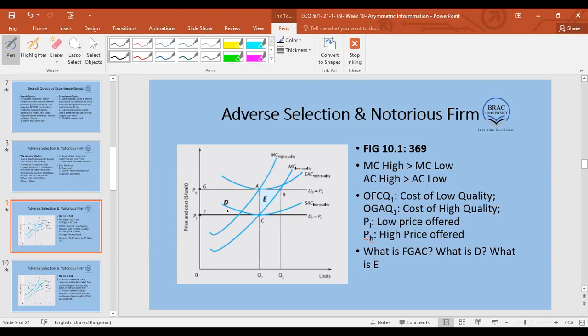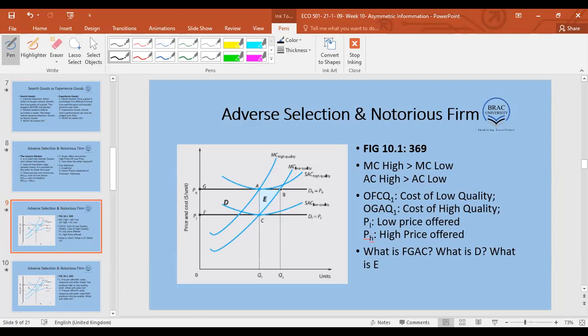So what is this D rectangle? Isn't it his profit? Yes, sir. Profit. Now, why is he getting another profit? Because he's operating on this curve, the lower curve, not on this one. So he'll get this profit as well: this ACB triangular area. Why?